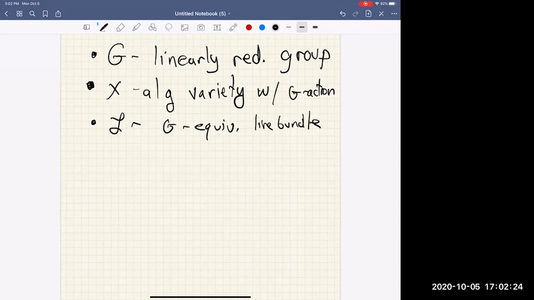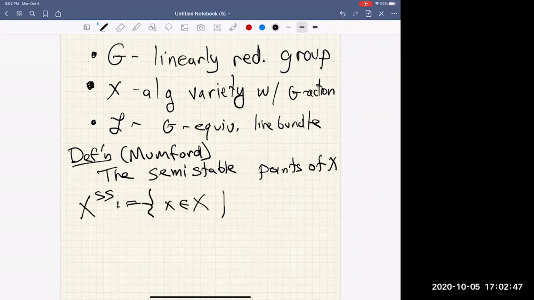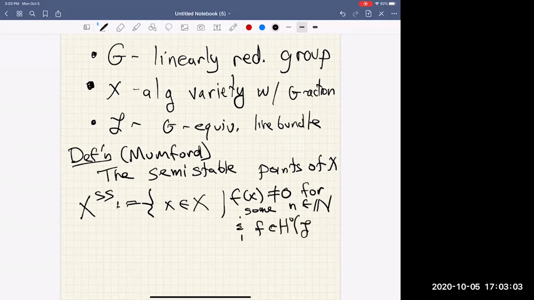Then there's an old definition in Mumford that you can define the semi-stable points of X as the set of x in X such that f of x is not 0 for some natural number n, and f is a G invariant section of the L tensor power n of this line bundle.